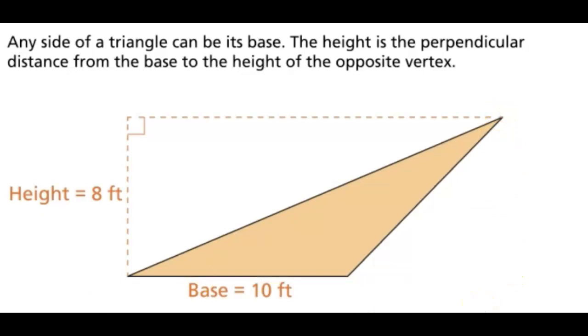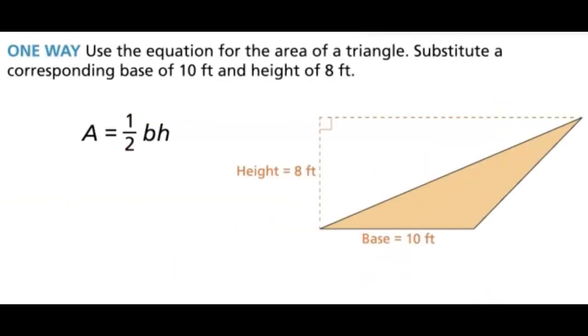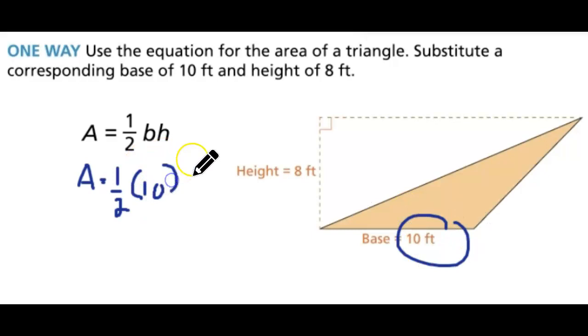Okay? We could also solve this problem by substituting the values of the corresponding variables using the formula, right? So area is 1/2 base times height. So in this case, area will be 1/2. Okay, our base will be 10, so we could put 10 over here, and then our height is 8.